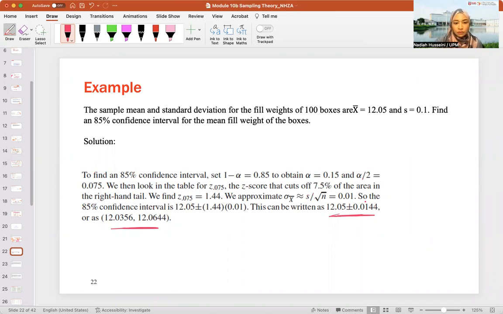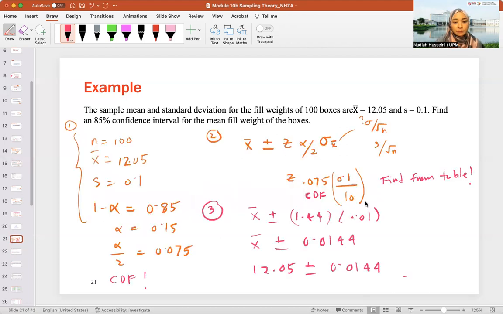So first step, alpha over 2. Second step, find the Z in the table corresponding to the CDF that you already calculated from your alpha over 2. And third is your interval. I think this makes much more sense than the definitions and all the graphs that we talked about. Please revise, please do more practice.